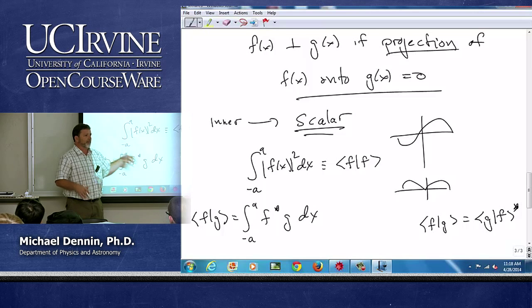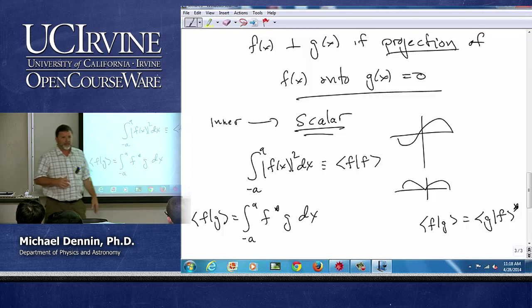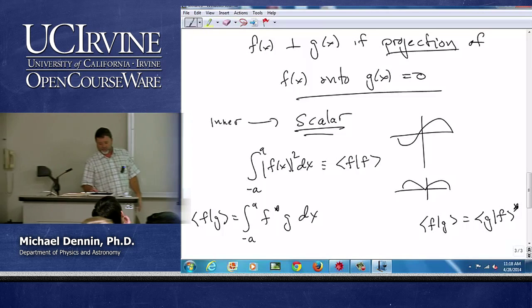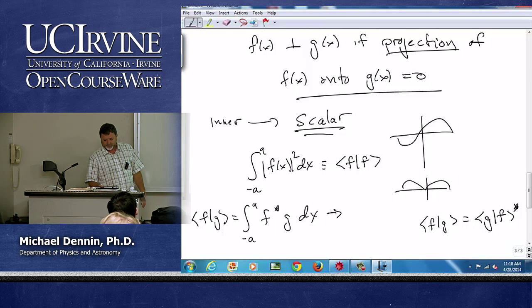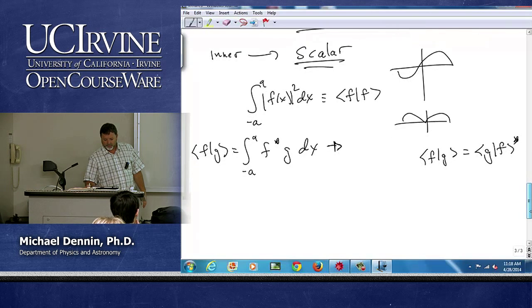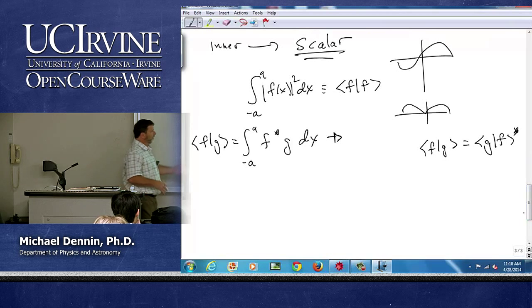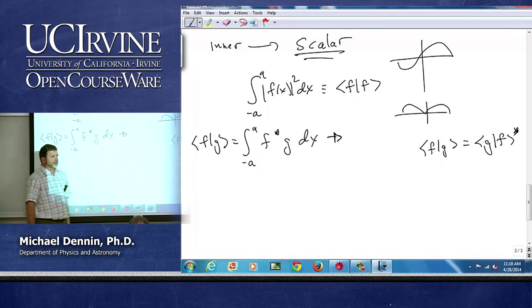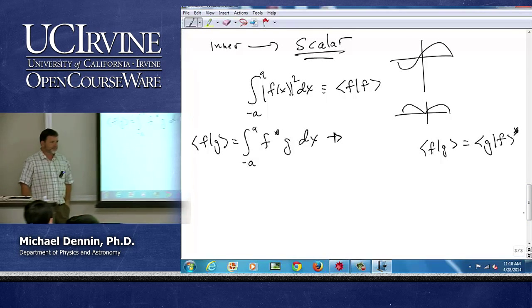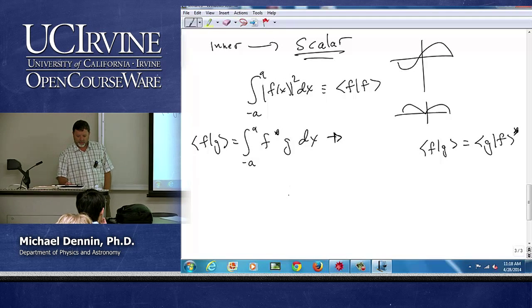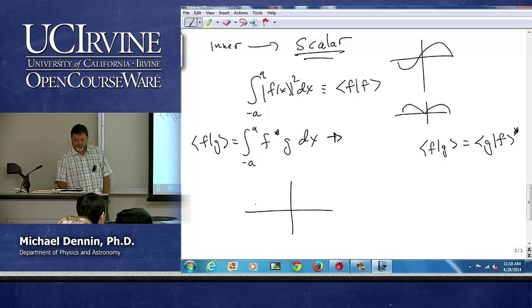What is this really, physically and intuitively? We don't spend enough time thinking about integrals intuitively. What does it mean when I integrate the product of two functions? Or another way to say it, suppose that's f and that's g.